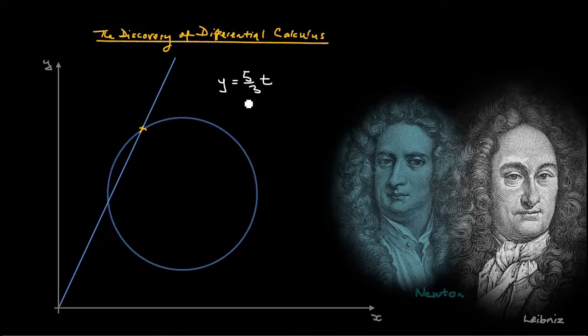So if I differentiate y with respect to t, or dy by dt, what would we get? Well, we know it should equal 5/3, but let's just think about, well, t is to the power 1. Okay, so 1 times 5/3 would give us 5/3 again, and t to the power of what? Well, when we take the derivative, we subtract 1, so it'd be 1 minus 1, t to the power of 0.